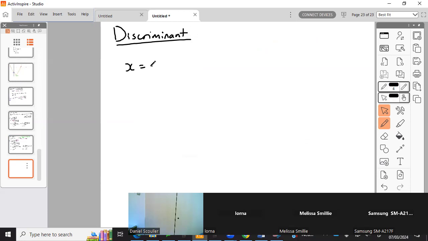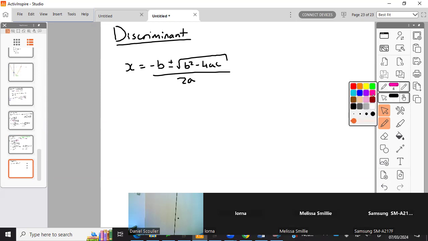Okay, so x equals minus b plus or minus root of b squared. Okay, we get given that formula. We need to be aware, however, that that part there is called the discriminant.